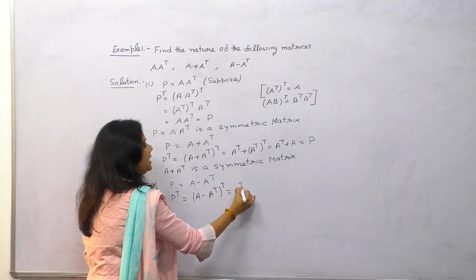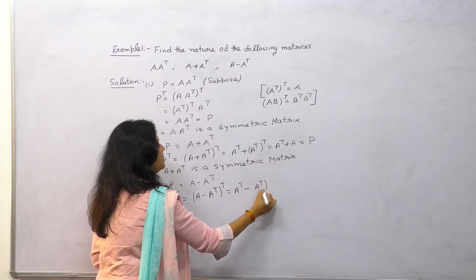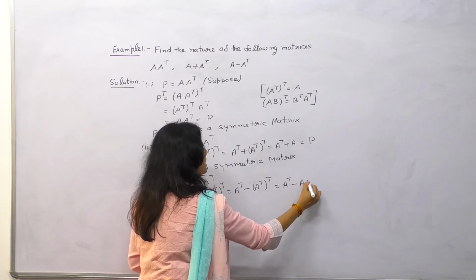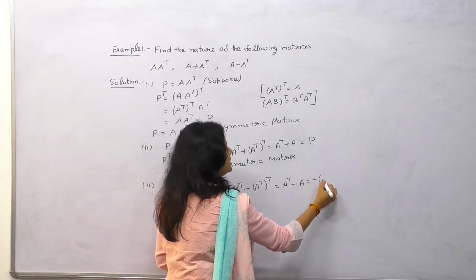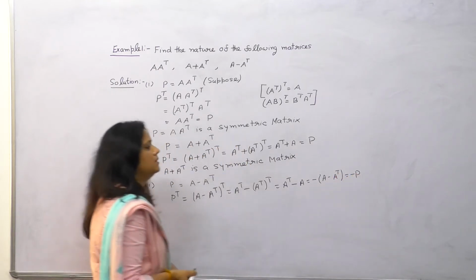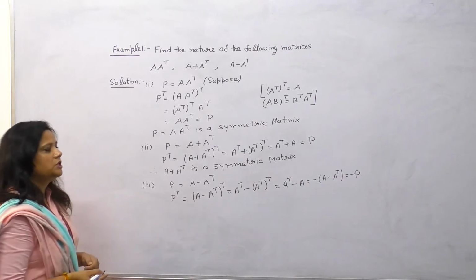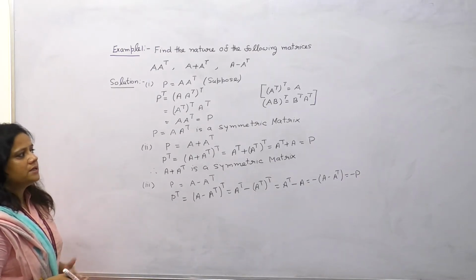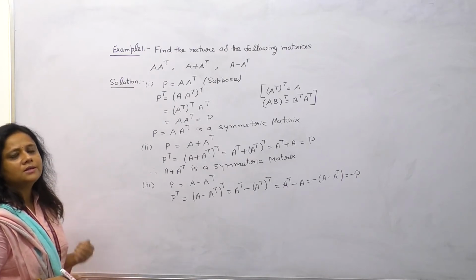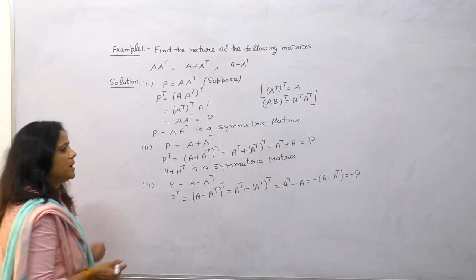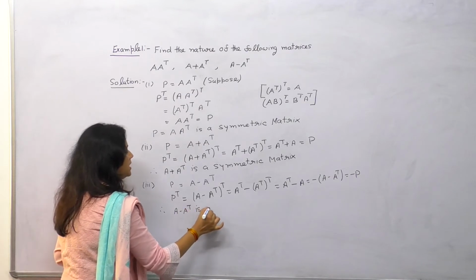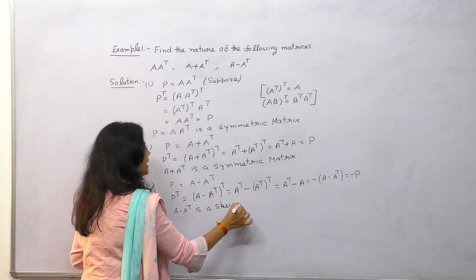This can be written as A transpose minus A transpose of transpose, that is A transpose minus A. So taking minus common, this can be written as minus of A minus A transpose, that is minus P. So this is the definition of a skew symmetric matrix. If we recall, a square matrix is said to be skew symmetric if A transpose is equal to minus A. So here A minus A transpose is a skew symmetric matrix.